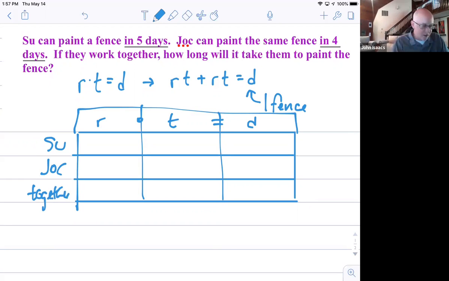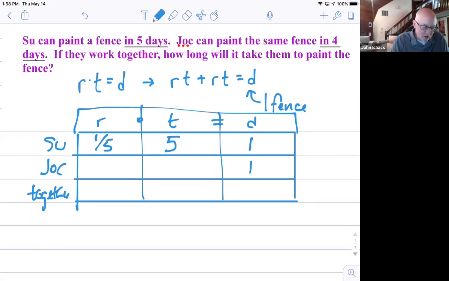Now, we don't really know the rate. Maybe we do. We know that if Sue paints one fence, it will take her 5 days. Therefore, her rate must be 1/5, because rate times time has to equal distance, and the only way that works is if the rate is 1/5, because she takes 5 days to paint one fence.